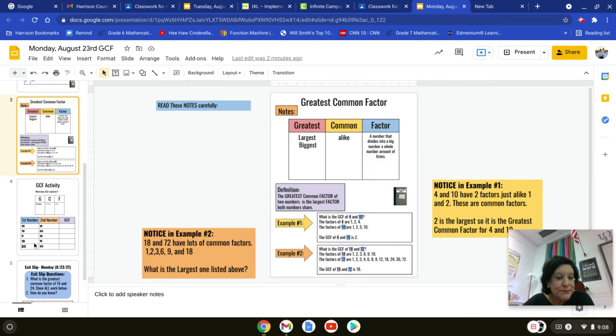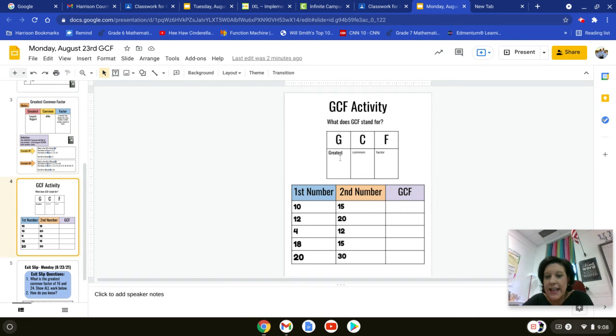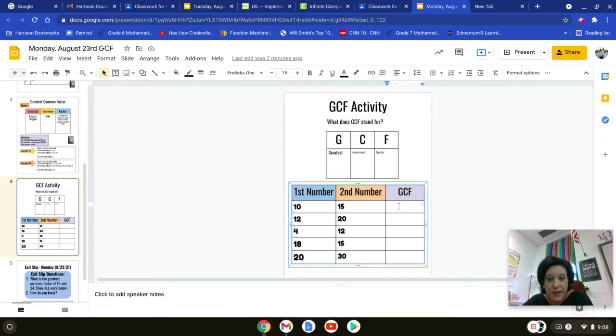So then what you're going to do is you're going to answer this thing. What does GCF stand for? Greatest, common, and factor. And then over here, you're going to find the GCF of 10 and 15. So the GCF of 10 and 15, if you look at their factors, and you might write that out on a piece of paper or something, is 5.